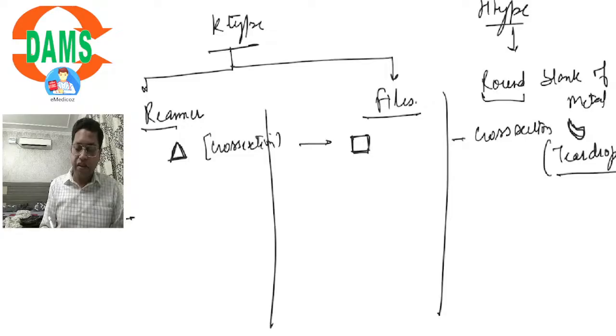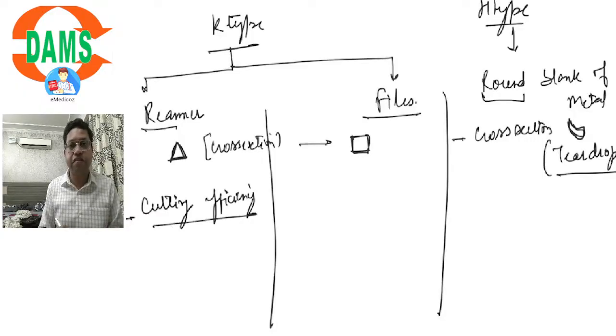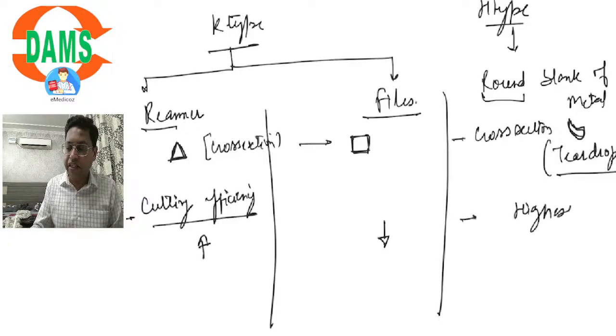If we talk about the cutting efficiency of instruments, then the cutting efficiency of a reamer is greater as compared to files. And the cutting efficiency of H-type instruments is highest amongst the hand instruments.